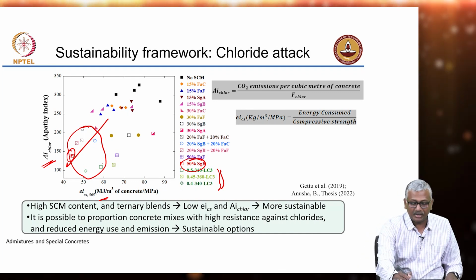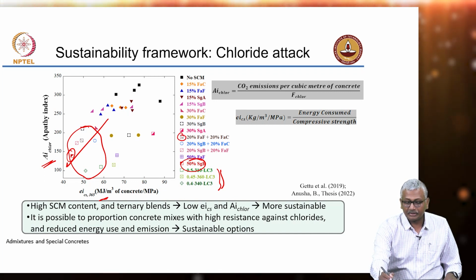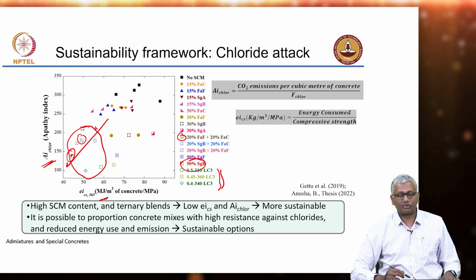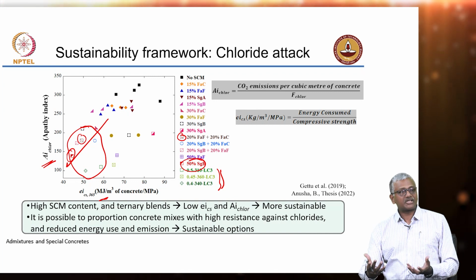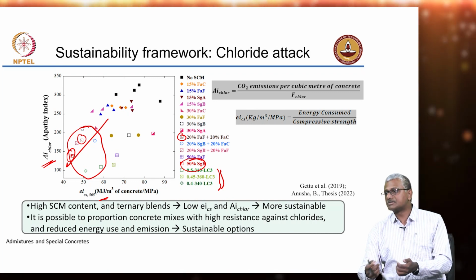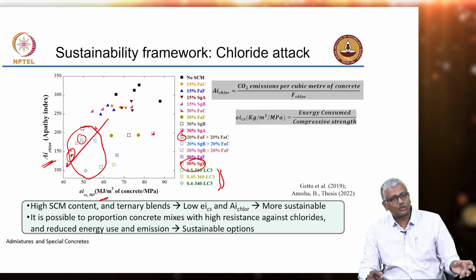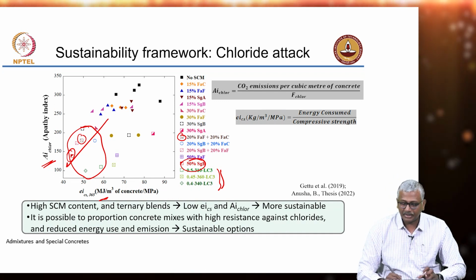The systems with large amounts of fly ash are also there. So, this fly ash F and C combination is also falling within this category. So, now you have a rational means of looking at what is actually sustainable. Sustainable is something which is not just low CO2 or low energy, but also durable. So, all of these factors need to be considered together.